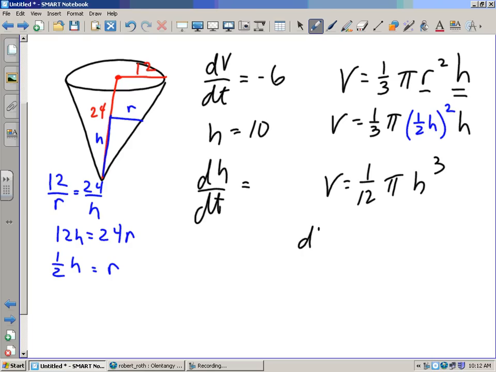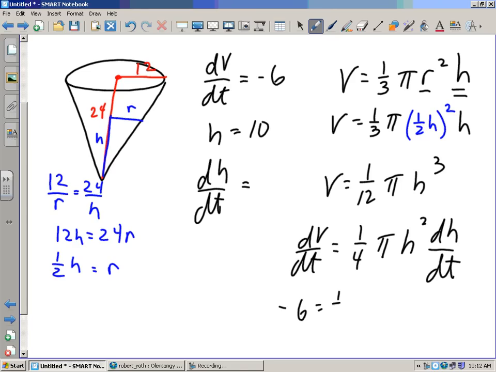Now let's take the derivative, look at the rate of change of the volume. And now it's just a matter of us plugging in all of our values and simplifying. So the rate of change of the volume was -6. The current height, or the height at the moment, was 10.